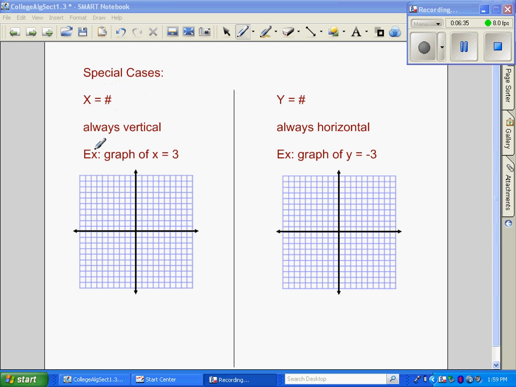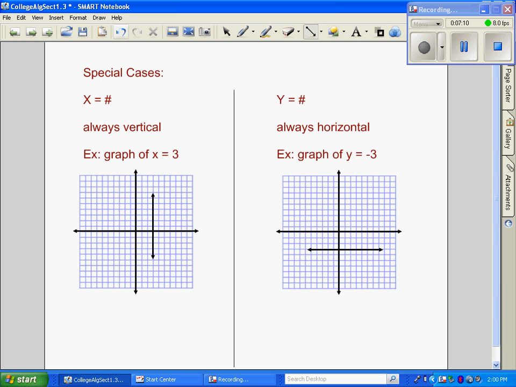For example, the graph of x equals 3 is going to be graphed at x equals 3, and it's going to look like this. Y equals, on the other hand, is always horizontal, so the graph of y equals negative 3 is going to be a horizontal line in that manner.